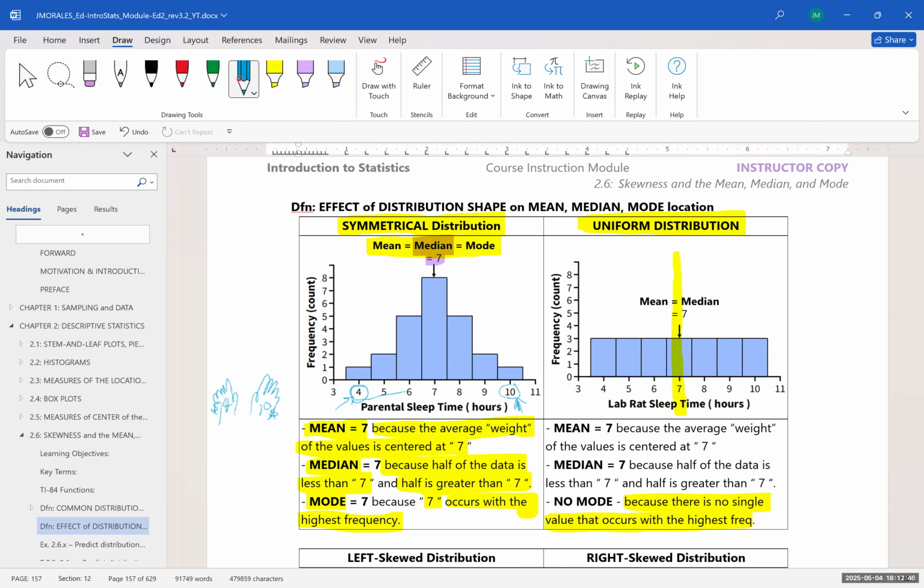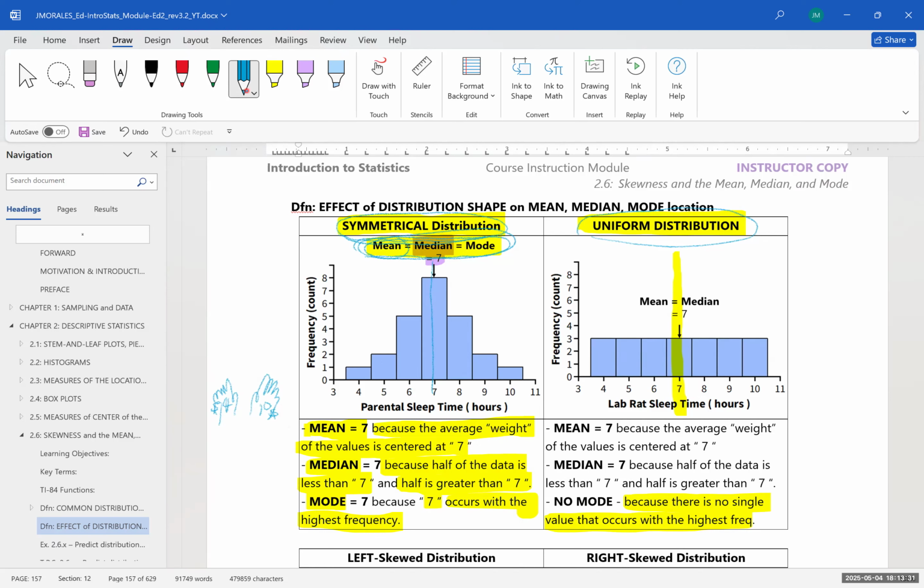But when you take all of these magnitudes, so you take 1 4, 2 5s, 5 6s, 8 7s, 5 8s, 2 9s, and 1 10, and you add all those up and divide by the number of datums, then you get an average. You get a mean, and the mean is right here on the line of symmetry. So long story short, with distributions that are symmetrical, the measures of center will be equal or approximately equal.